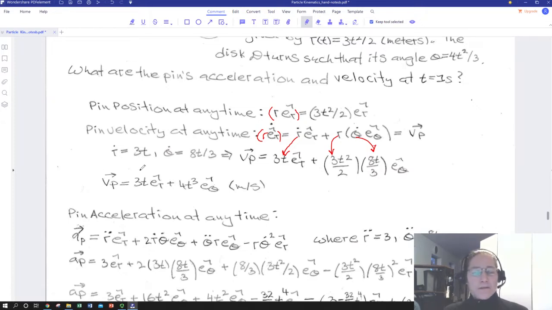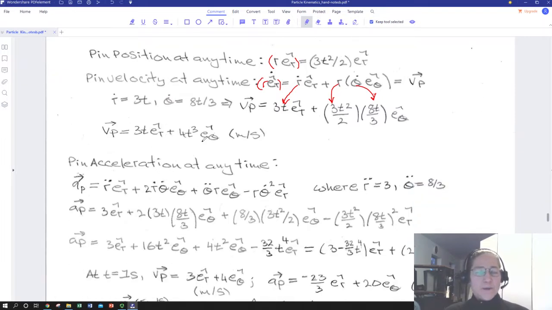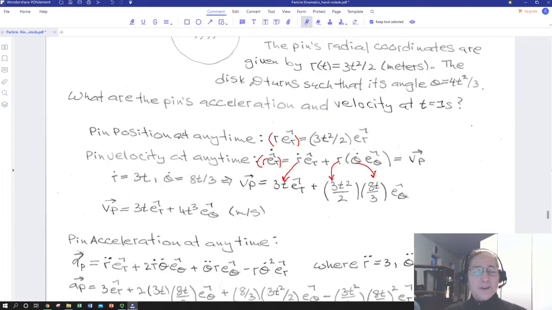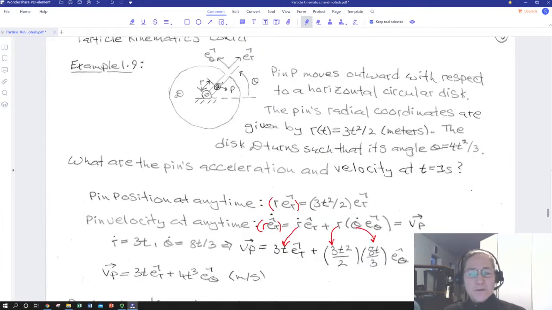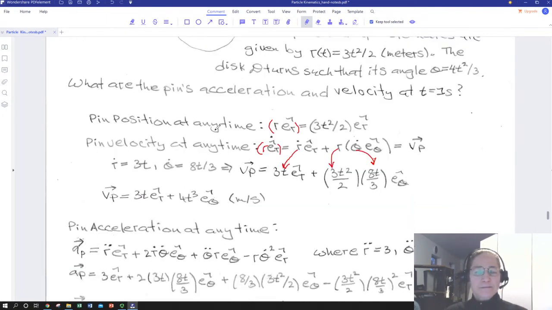So now we have a complete expression for the velocity in terms of r hat and theta hat. It doesn't make a lot of intuitive sense, but we know the velocity of this pin or little ball, how quickly it's moving outwards and how quickly it's moving around.